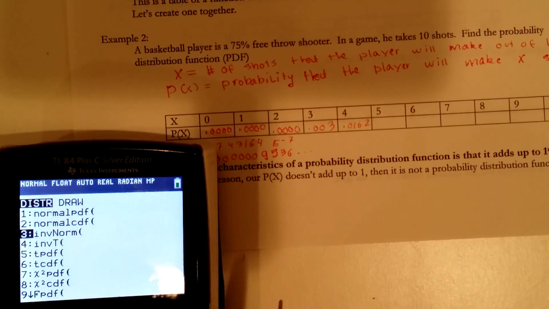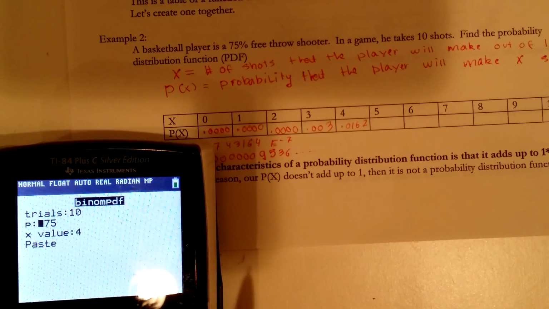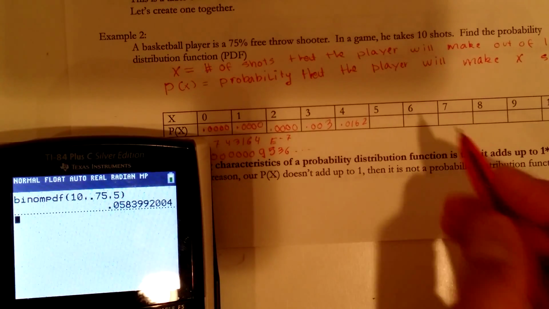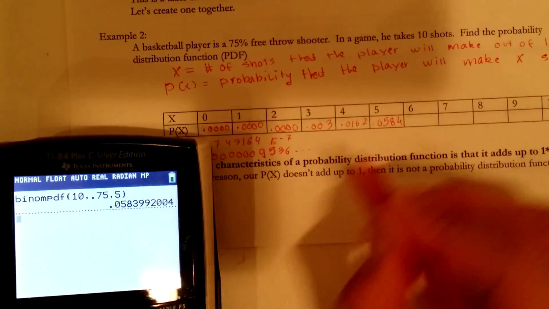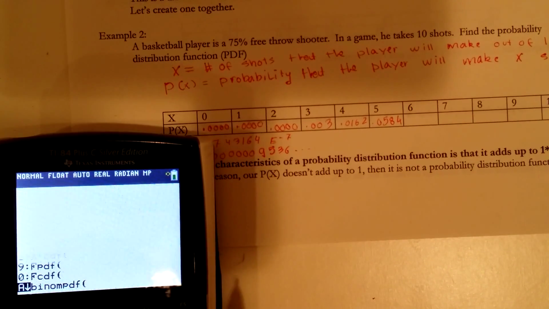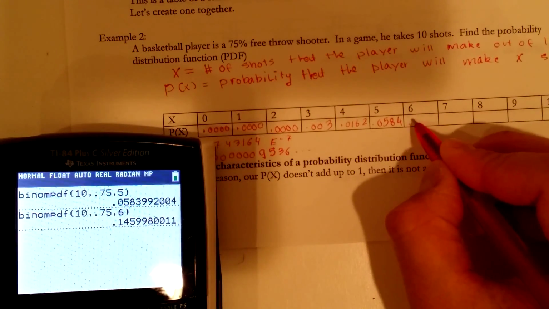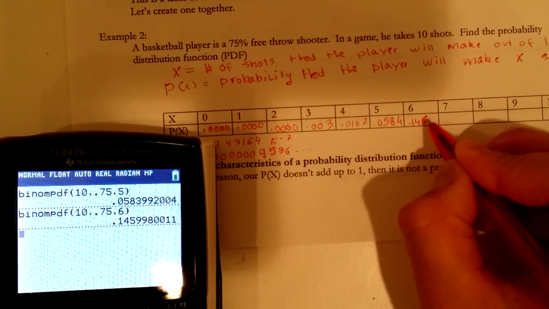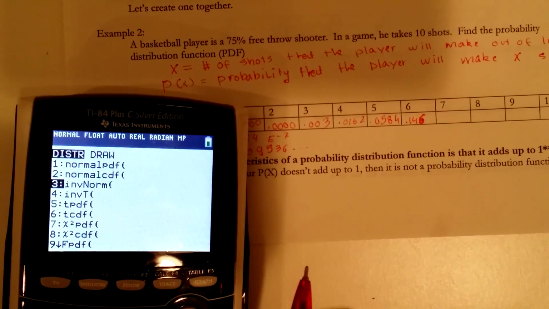Second var. You have to do that until you get to 10. That's how you create a probability distribution table. Go to 5, and then that becomes 0.0584. We're going to round that up. Second var, option A, 6. 0.1459, but that becomes a 6. Okay, so 0.146, and then second var.